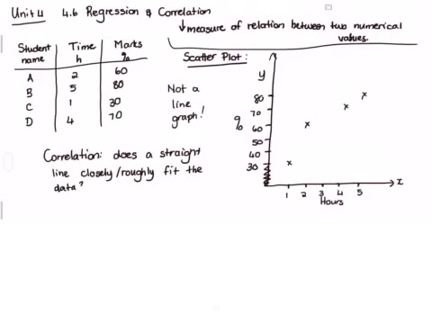That's what we want to figure out. In part 2, we're going to look at how to actually calculate it. Here I'm just going to have a look and say, well, I could roughly, and remember this is just roughly, this is not what we call my line of best fit, this is just roughly. They do sort of roughly lie around, clustered around a straight line that is increasing.